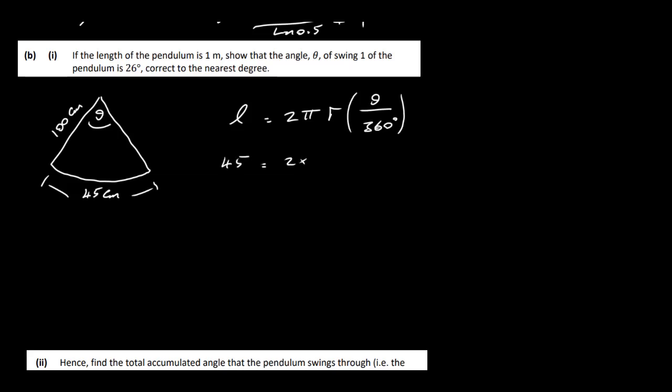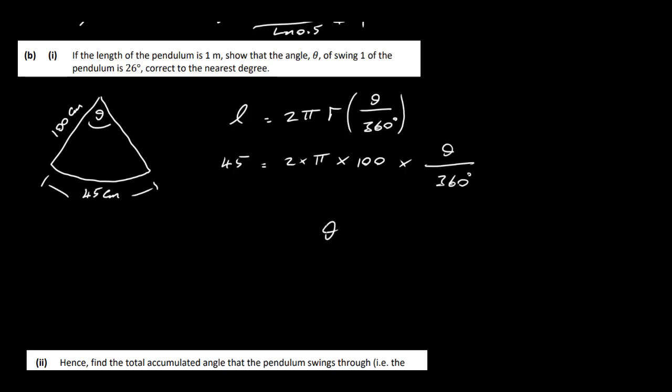We've got 2 times pi times our radius, which is this value here, 100. Then we've got to multiply that by theta, which we've got to work out, divided by 360 degrees. So you've just got to do a lot of manipulation here to get theta on its own. So divide by these 3 and then multiply by 360.